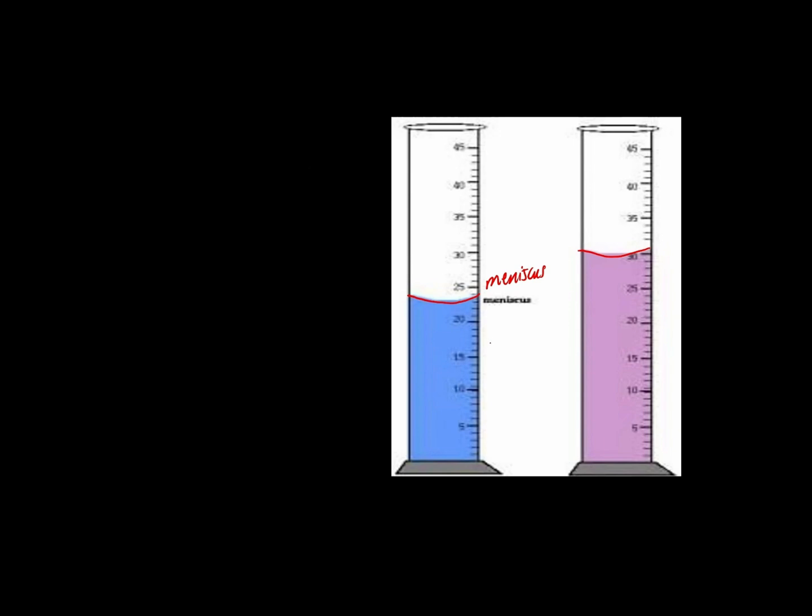This is called the meniscus. How to know the volume here? To know the volume here, by looking at the bottom of the meniscus. This is the second precaution.